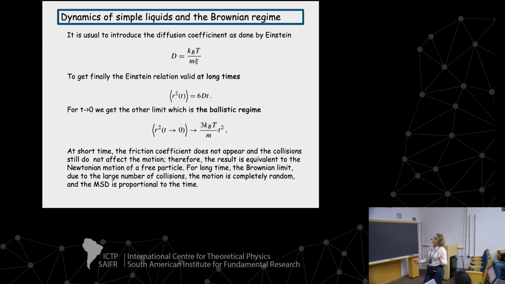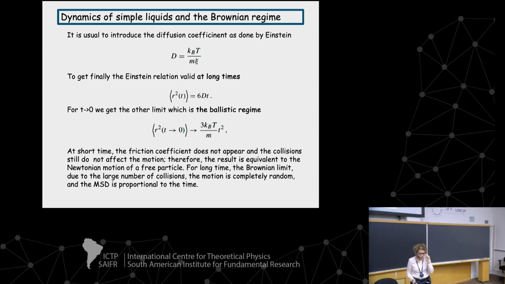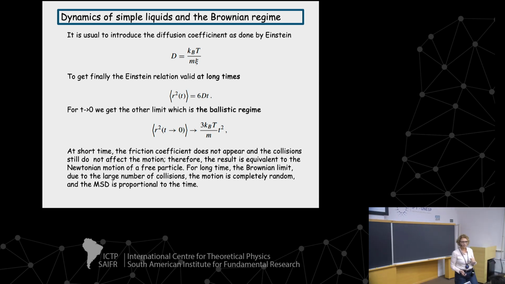For a long time, the Brownian limit is due to the fact that the particle has a lot of collisions, and then the motion is completely random, and this leads, through the passage that we just saw together, to a mean square displacement that is proportional to time. And, as I just said, the proportionality is the famous diffusion coefficient you have heard about so many times.